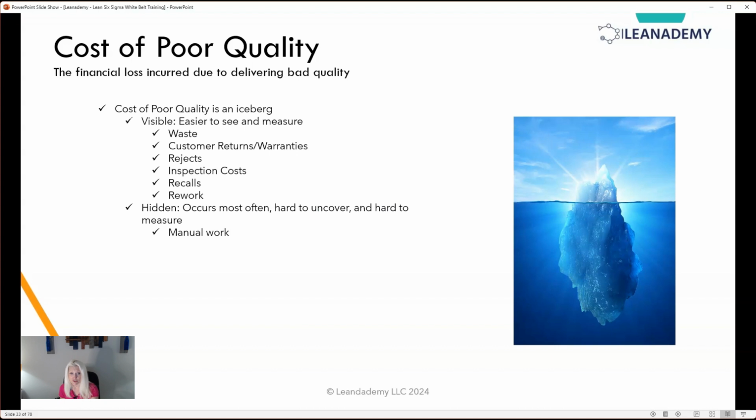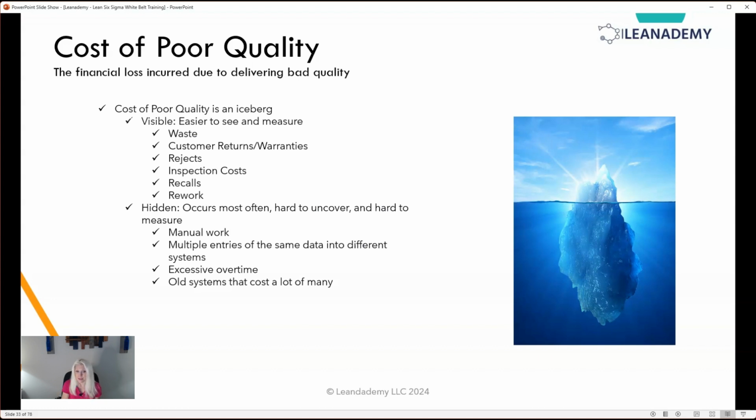It goes back into rejects or defects. Multiple entries of the same data into different systems. This increases cycle time. Then we get excessive overtime. Old systems that cost a lot of money. People don't tend to think about how an old system, even though it's working, could be costing a lot of money because it could turn back into manual work and multiple entries of the same data in different systems.